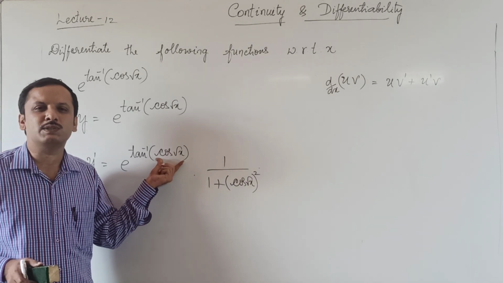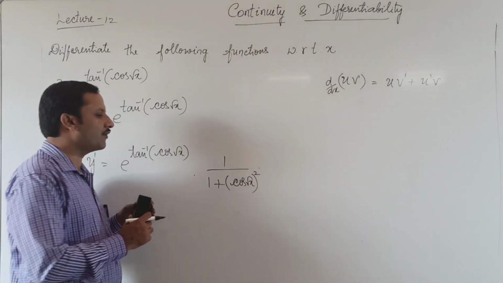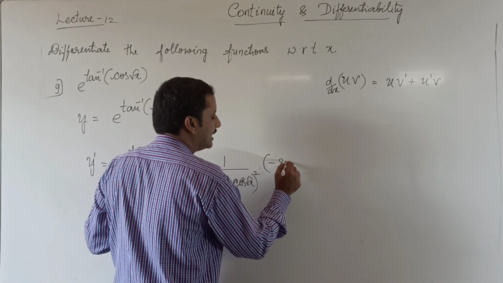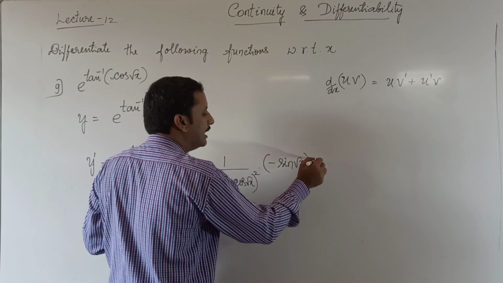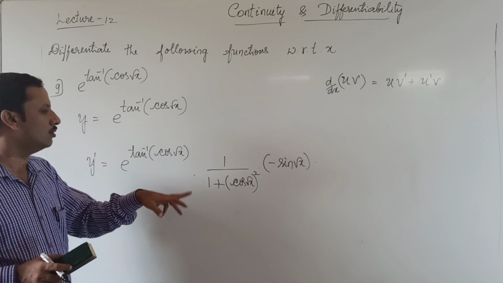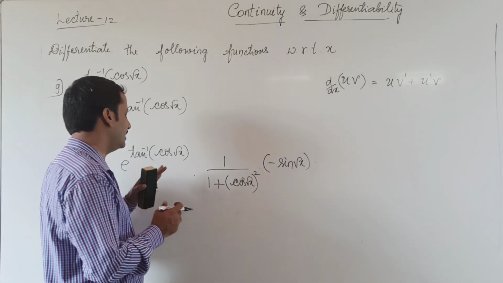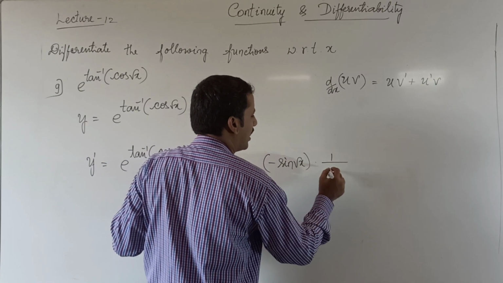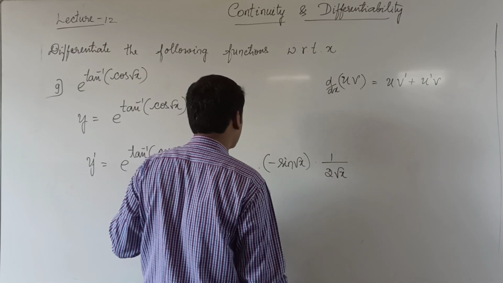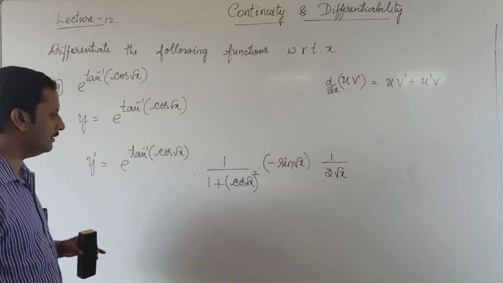The derivative of cos x is minus sin x. So the derivative of cos root x is minus sin root x into what next? Into the derivative of root x we want. What is the derivative of root x? The derivative of root x is 1 by 2 root x. Okay?